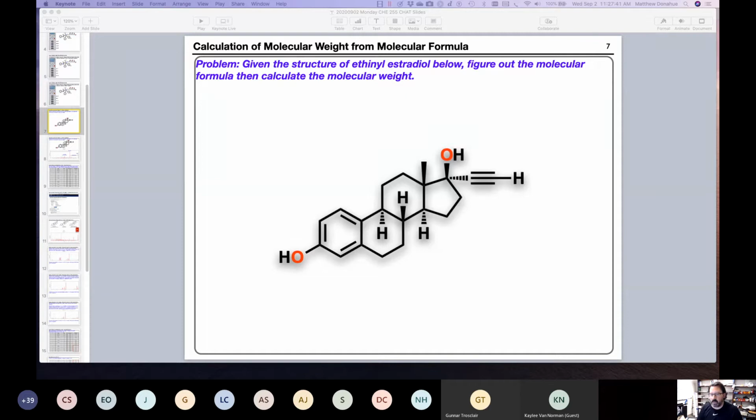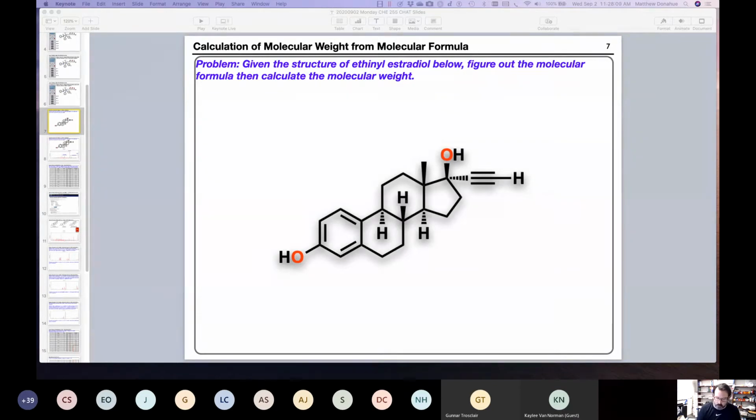So I'm getting more 296s in the chat. Rosemary threw out a 294. I think she was just a smidge off on the hydrogen count, perhaps. So it's 296. So again, what did you do? C equals 20 times 12, that equals 240.